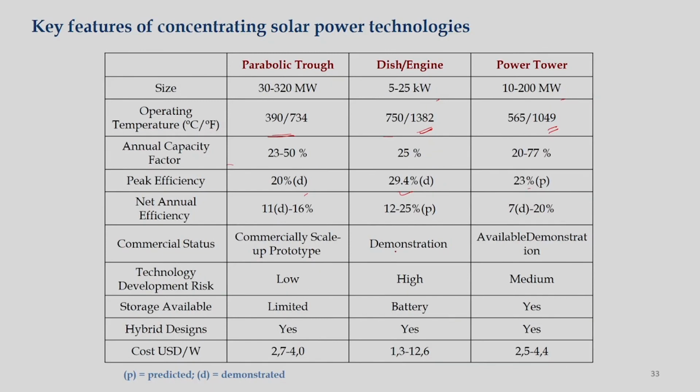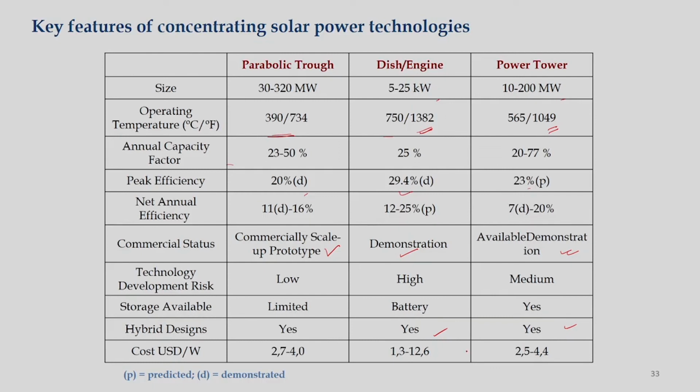If we talk about commercial status, the dish has been demonstrated, parabolic trough is already in place, and power tower is available for demonstration. We can hybridize parabolic trough technology with other technologies, and power tower can also be hybridized.